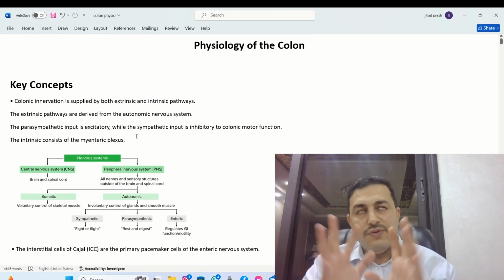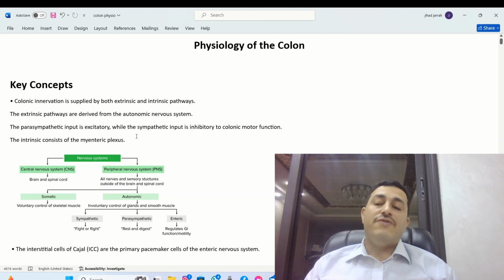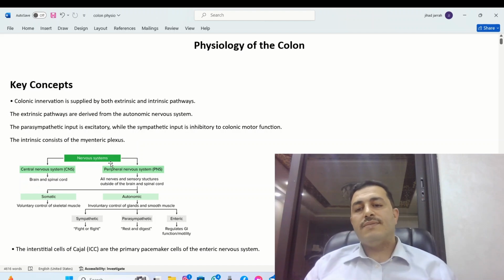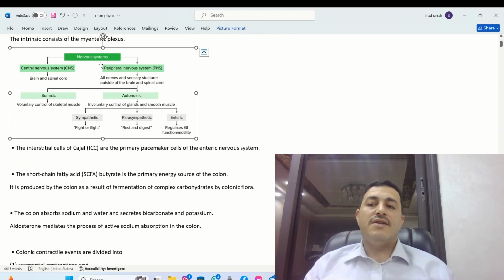Just a rapid review of the innervation of the colon. You can see that the nervous system is divided into central and peripheral.